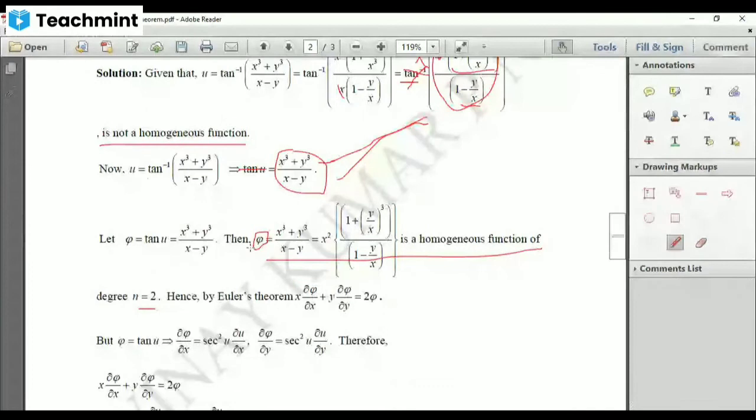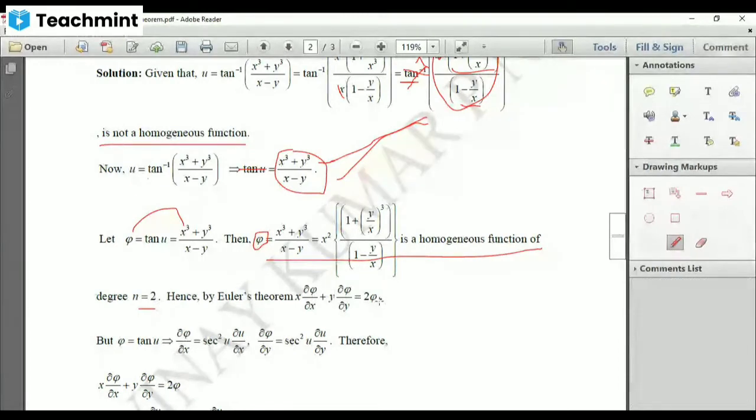But phi is homogeneous because we have taken phi as tan u, and tan u is nothing but this, therefore these two are equal. So phi is homogeneous, so x into dou phi by dou x plus y into dou phi by dou y is equal to the degree of the function. What is the degree of this phi? 2. So 2 phi.